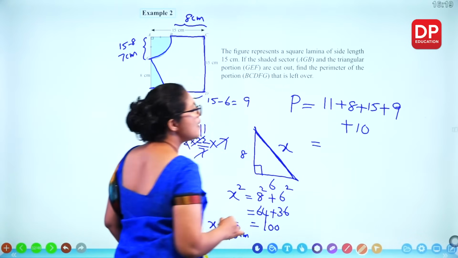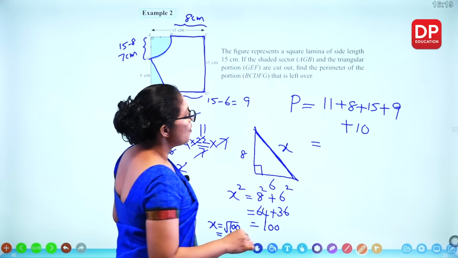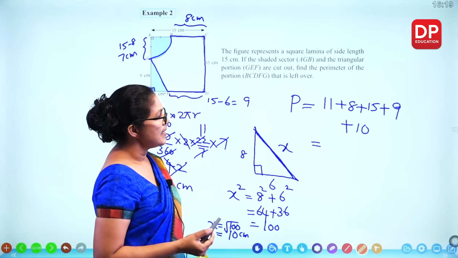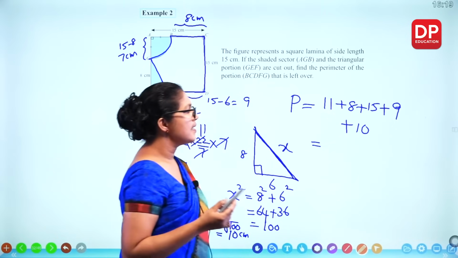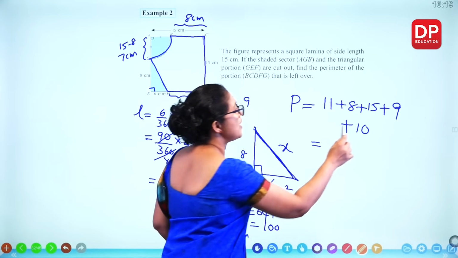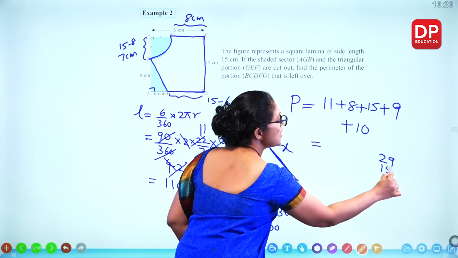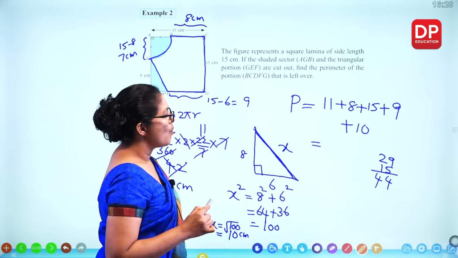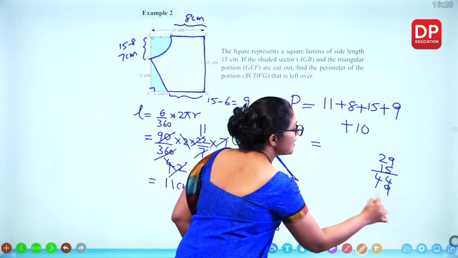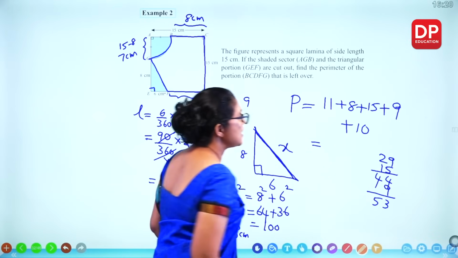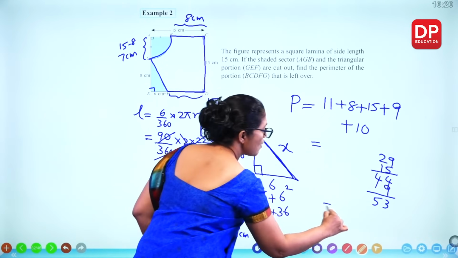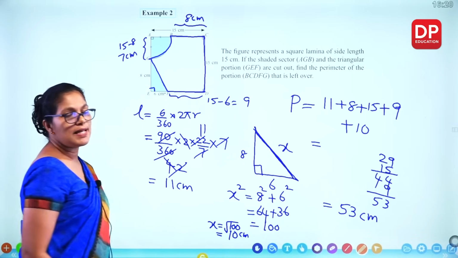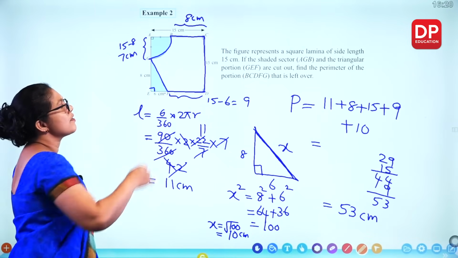So what's the total perimeter? Add all together. 11 plus 8 is 19. 19 plus 10 is 29. 29 plus 15 is 44. 44 plus 9, you get 53. So the perimeter of this figure is 53 centimeters.